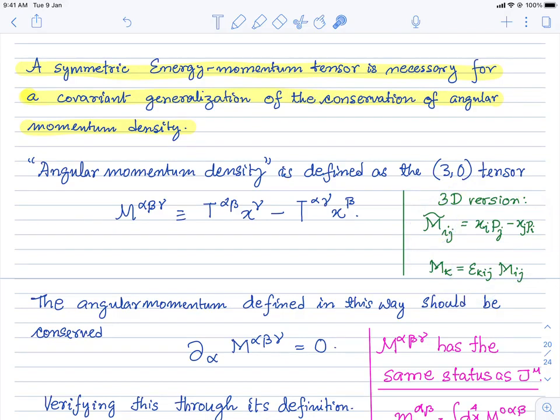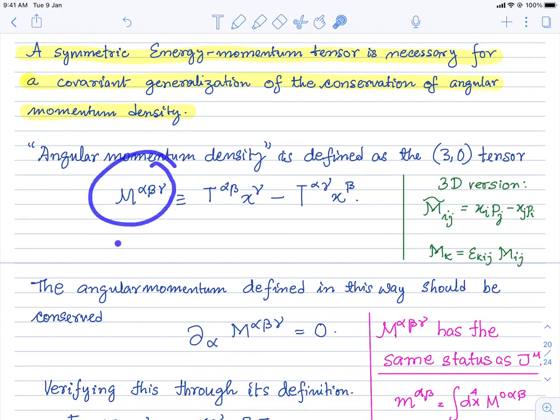Now for fields in 4 space-time dimensions, the covariant way is to take the energy momentum and do something like a 4D cross product with x, the coordinate. If you do that, you get an object with 3 indices.